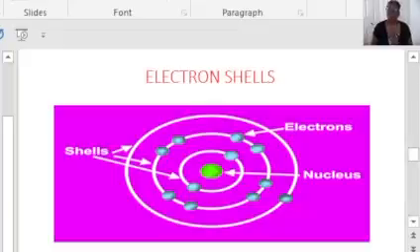Now we have there that green ball, which would represent the nucleus, which we now know contains the protons and the neutrons. We also see those white circles that would represent imaginary shells or orbitals, and we also see the blue or teal dots or balls that would represent the electrons, right?